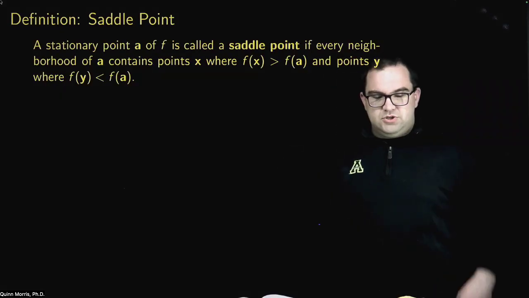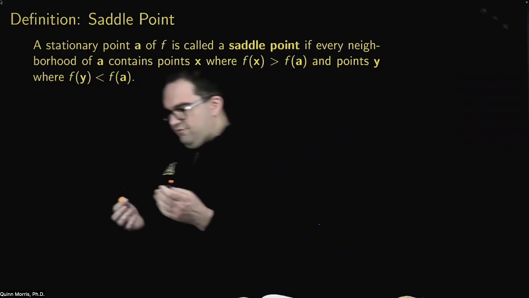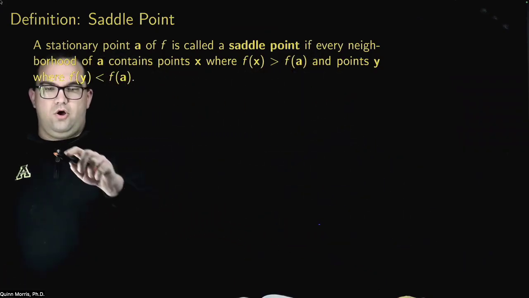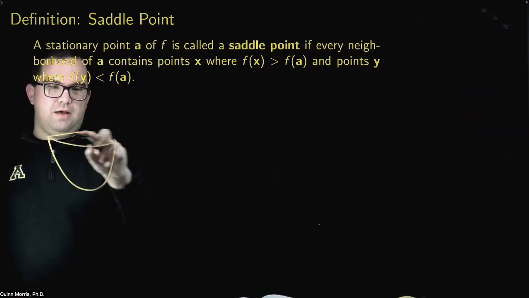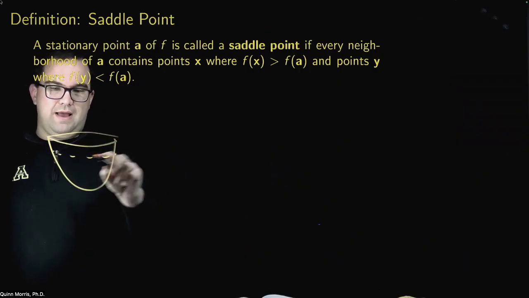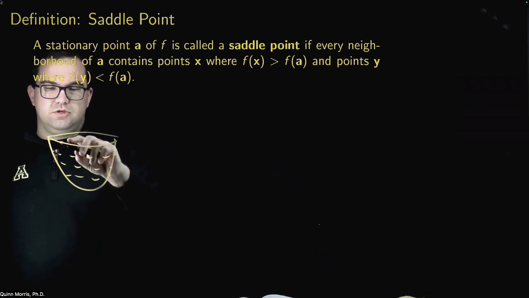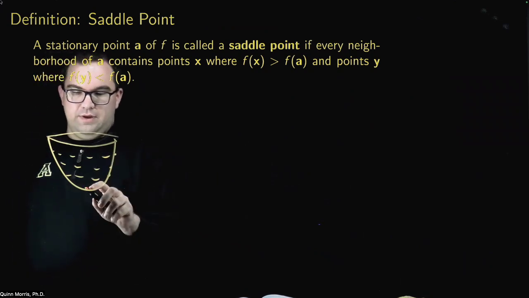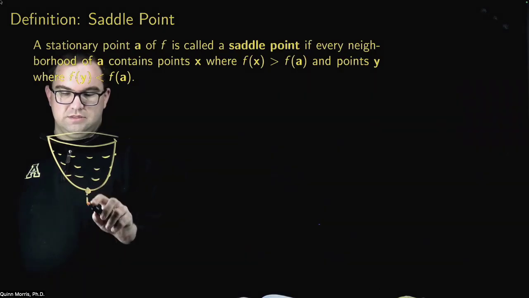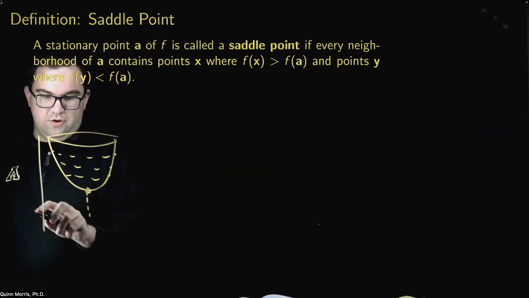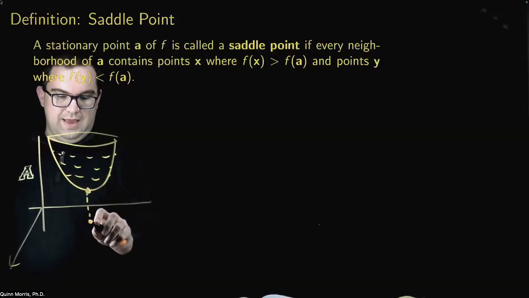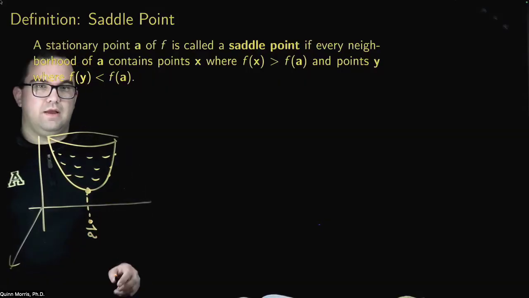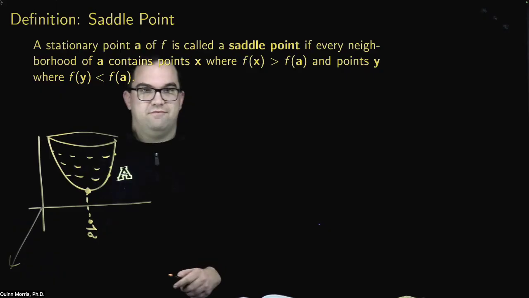Now, when we start thinking about the things that can happen, even if I just think about functions from R2 into R, you can probably start to visualize some examples of local maximum and local minimum values. You can imagine this paraboloid here, so imagine I'm in R3. At this point A, I have a local minimum value.